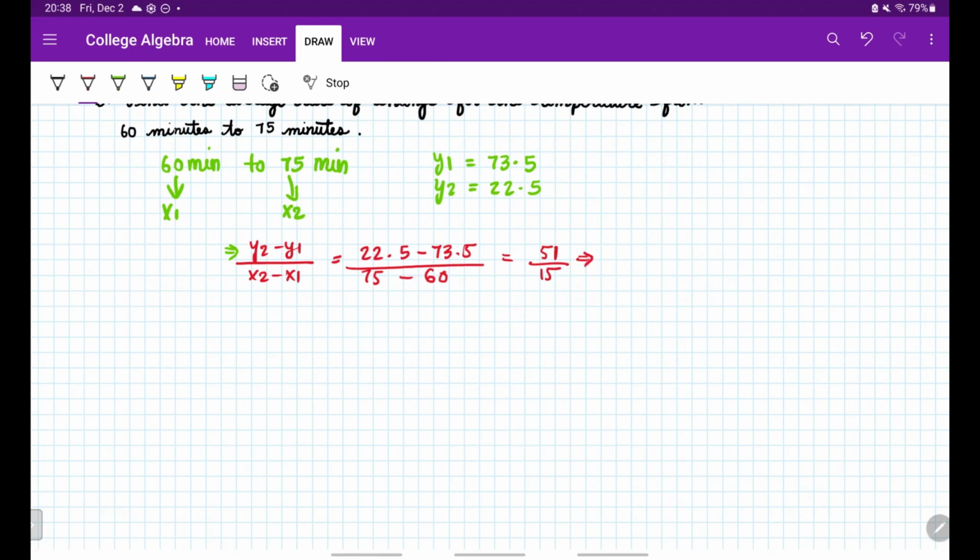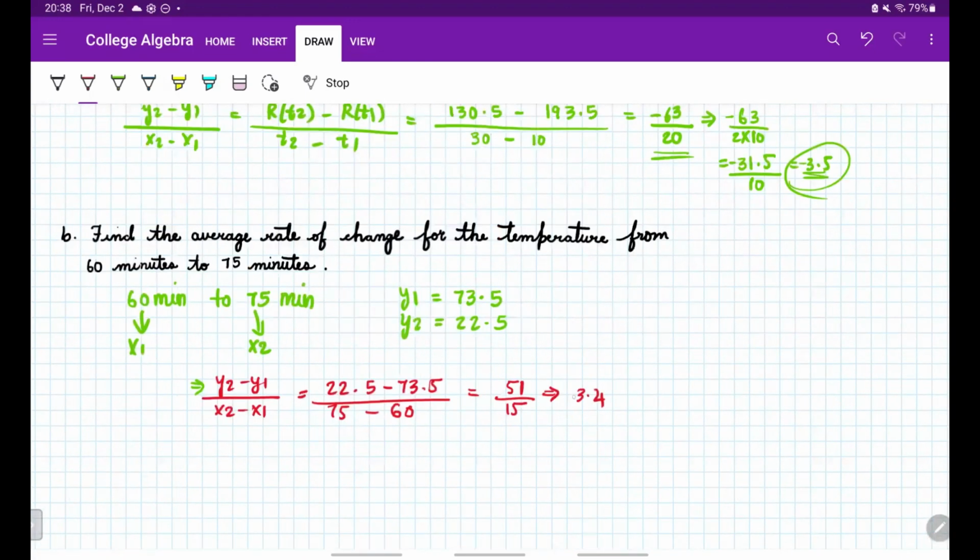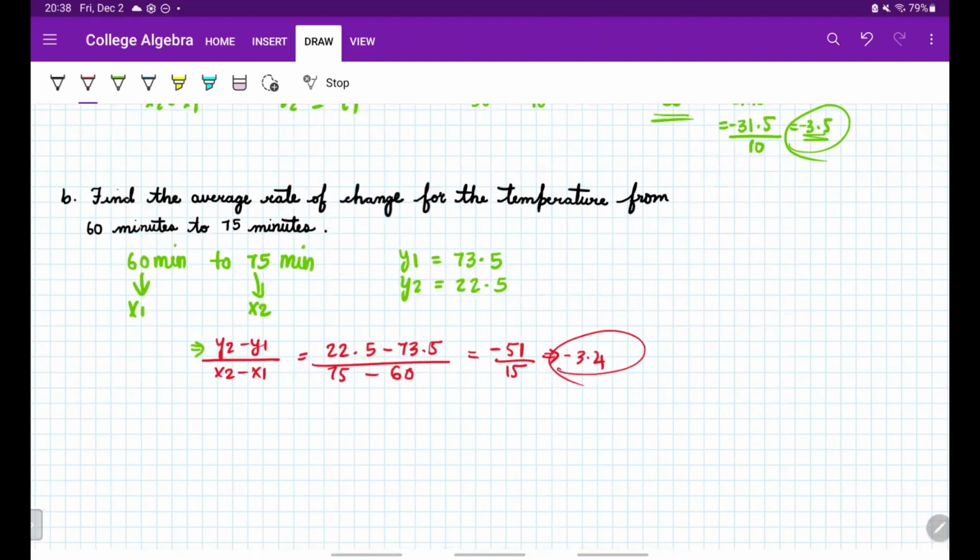Let me plug it into my calculator and get the exact answer. It is 3.4, so negative 3.4. Between 60 minutes and 75 minutes, the roast is cooling down at the rate of 3.4 degrees centigrade per minute.